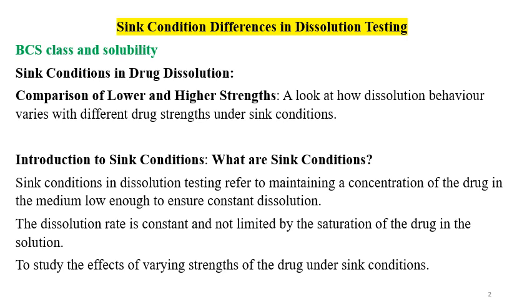For dissolution testing, sink condition is required, and if sink condition is maintained, then we can say that the dissolution conditions are proper and the dissolution test is being run with the proper sink condition.